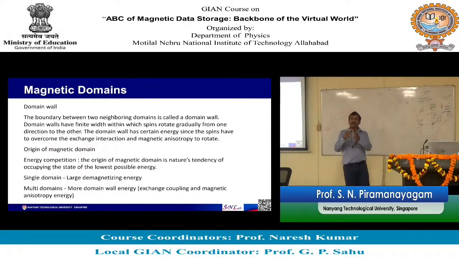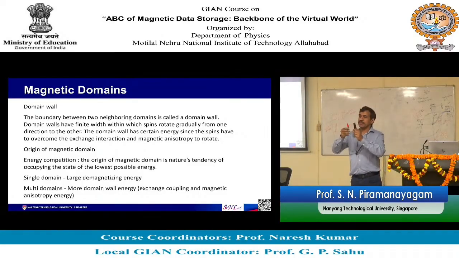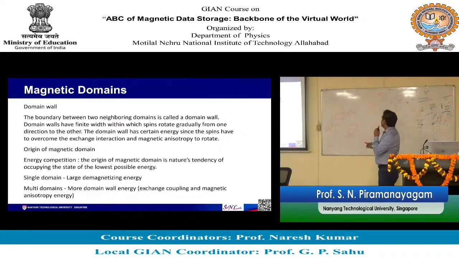So when the two north poles are parallel to each other, you need to spend large energy to bring them parallel to each other. On the other hand, if they flip, then you don't need to put any effort. Okay, so this is a state of high energy, this is a state of low energy. So when you build a ferromagnetic system, all the neighboring spins are parallel.